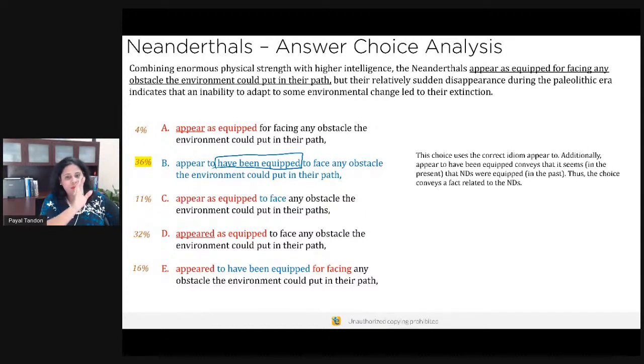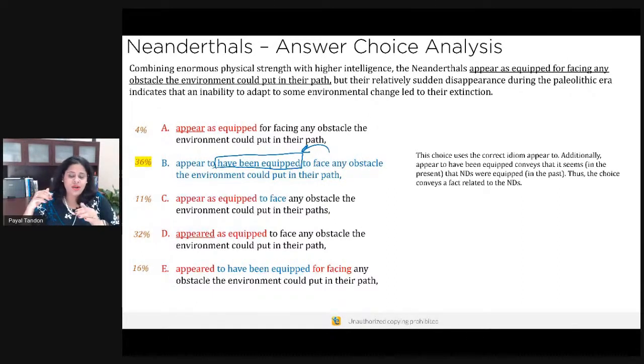You're talking about the past. You're talking about the fact that they appear to have been equipped. To have been equipped gives you an idea about what their state was back when they were alive. So what they appear today to have been is equipped to face any obstacles back when they were alive. That is the sense that this expression, this verb tense, tells you.